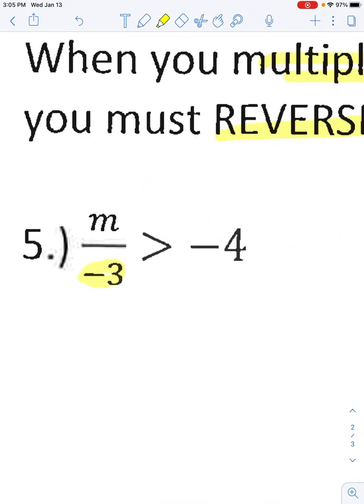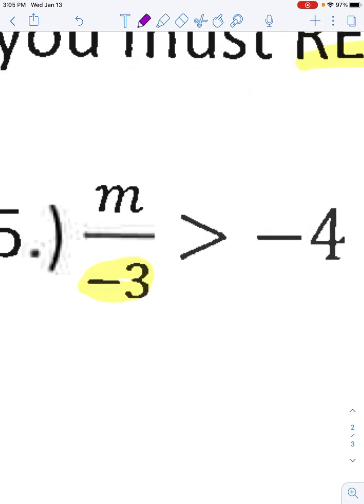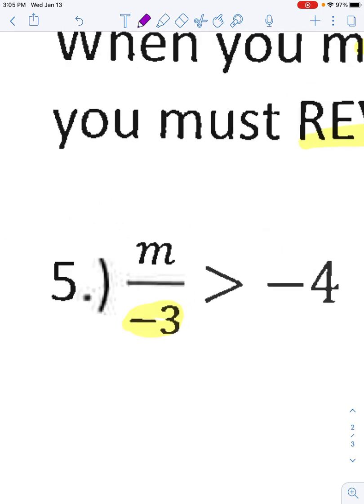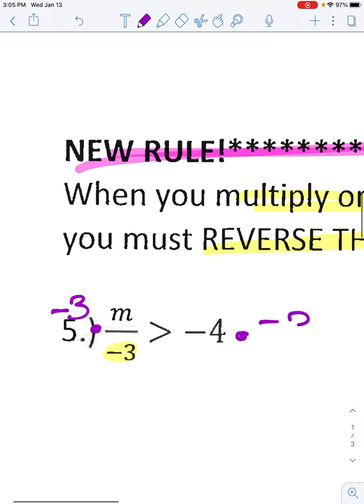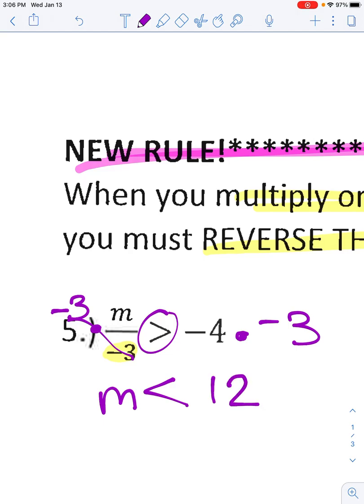Okay, so if you look at this next one, it's m divided by negative 3. So I'm still going to solve the same way. Instead of dividing by a negative 3, I'm going to multiply this side by a negative 3, multiply this side by a negative 3, and as soon as you write down that you are multiplying or dividing by a negative, go ahead and flip the sign. It reverses the sign.